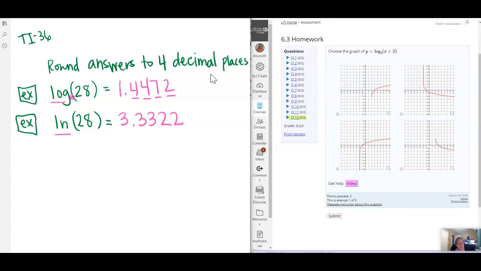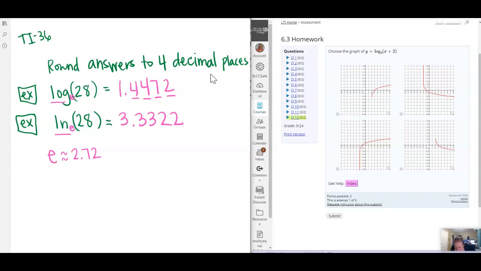And the natural log is in base E. That gets confusing for some people because they're like, what? E is not a number, right? But it is. It's kind of like pi. You know how we use pi as about 3.14? E is approximately 2.72. We just use this letter to represent this number.